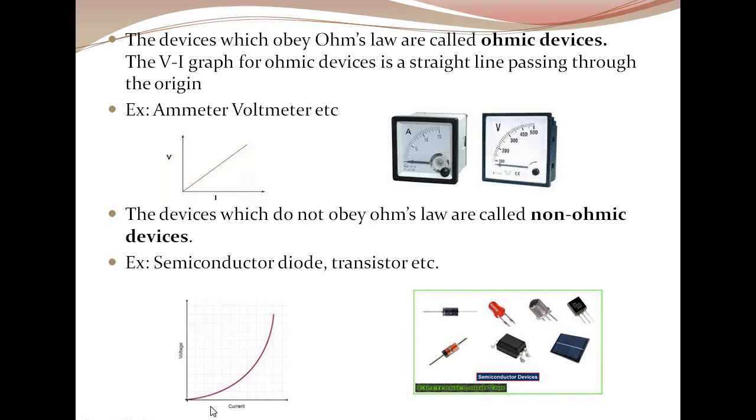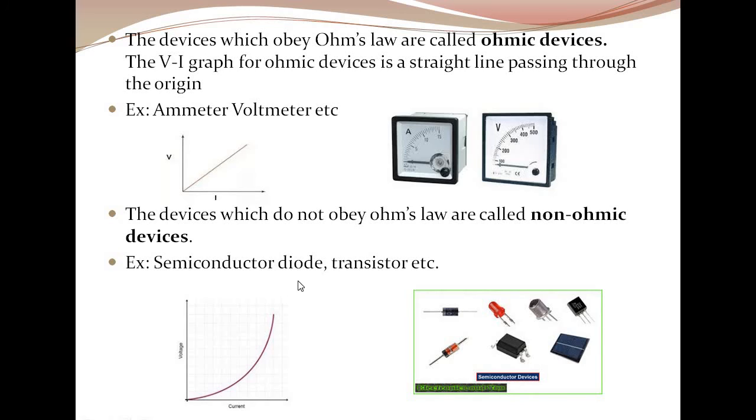Next, non-ohmic devices. Here we do not obtain a linear line, we obtain a non-linear line. This kind of IV characteristic we call non-ohmic devices. That means devices which do not obey Ohm's law are non-ohmic devices.